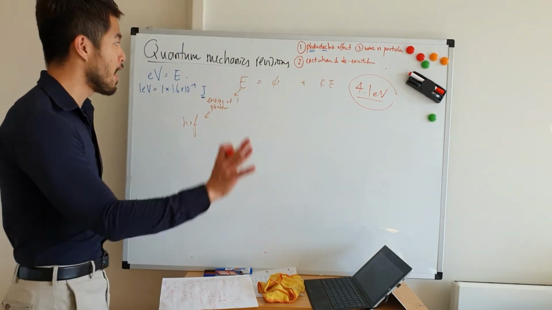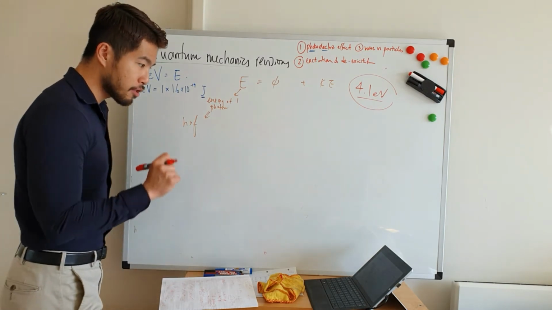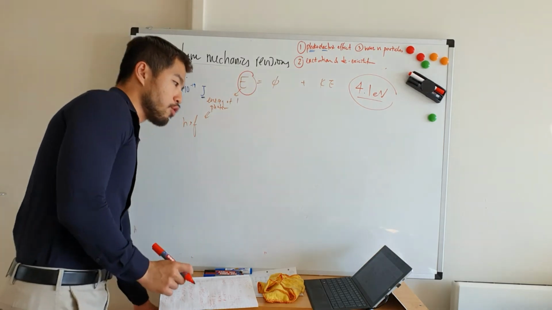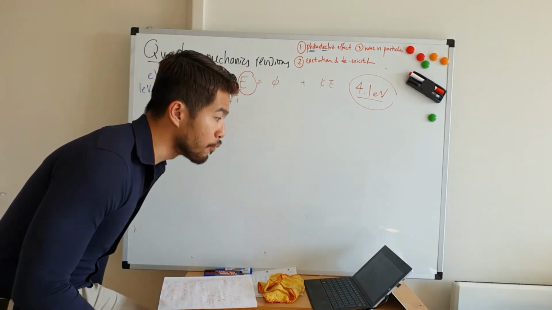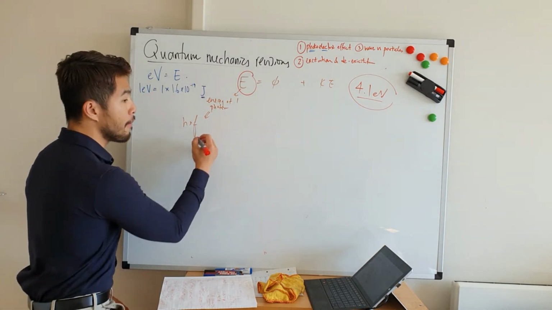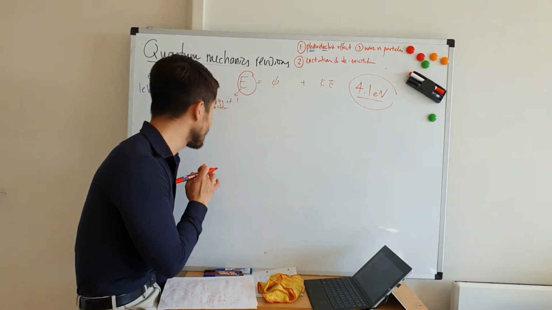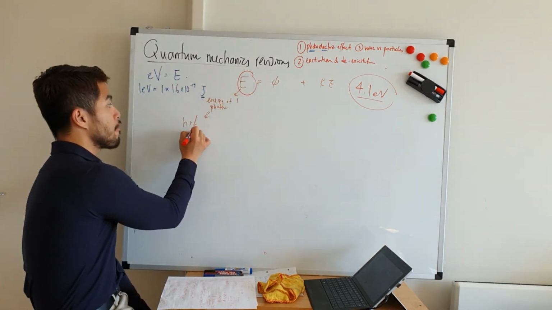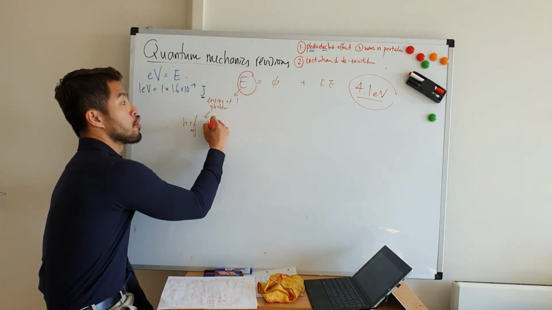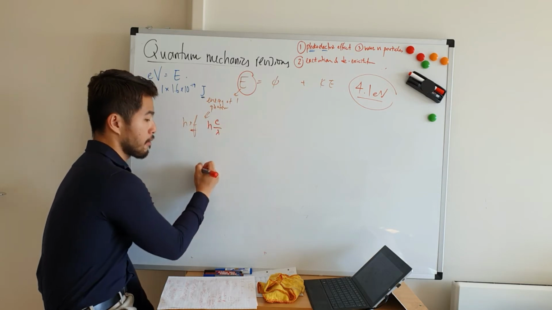E is the energy of one photon. How do you calculate that? Is it hf? No, because they didn't give you f. What did they give you? They gave you wavelength. So it's hc over lambda instead.